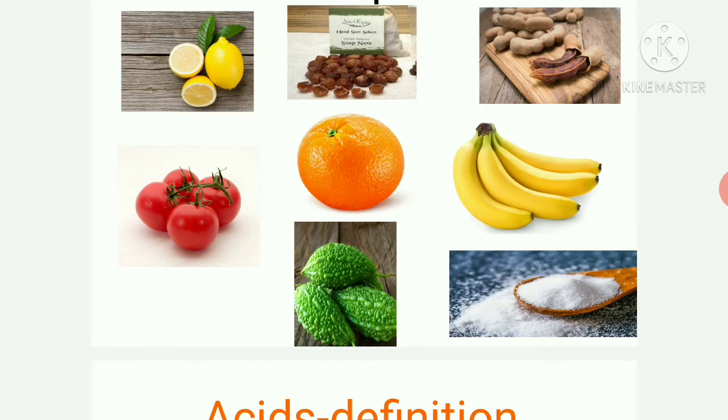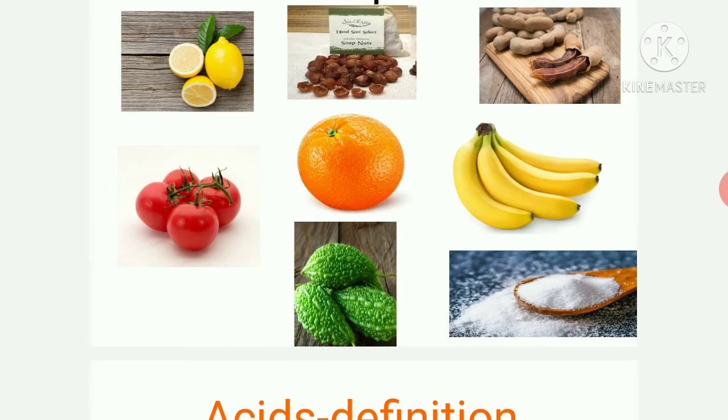Next, what is the taste of tamarind? It is also sour taste. These sour tastes are called what? In science, we call these acids.